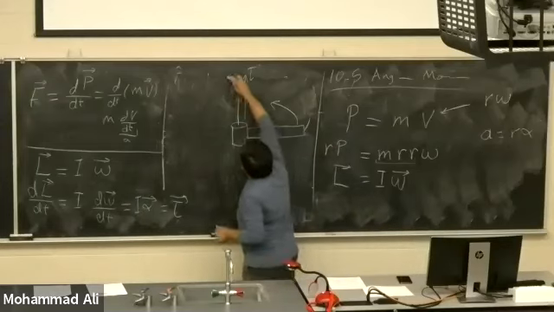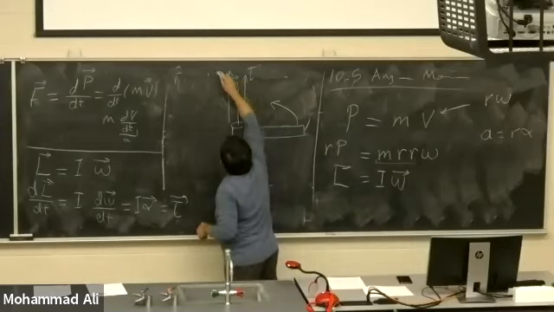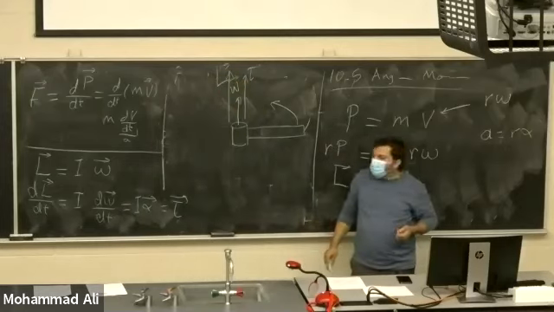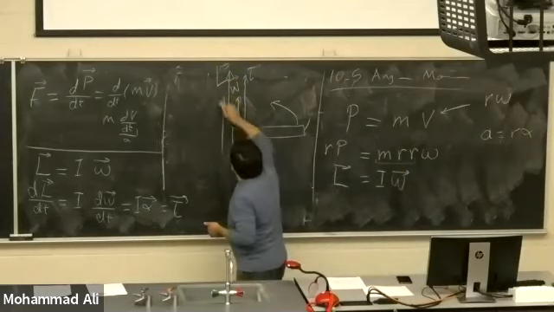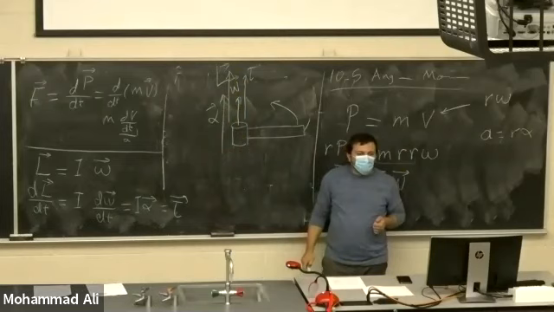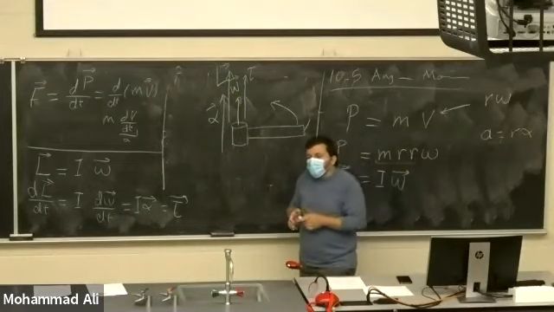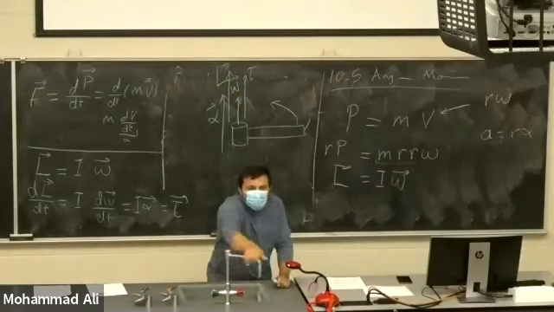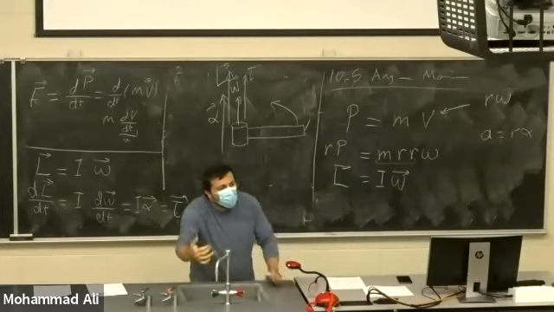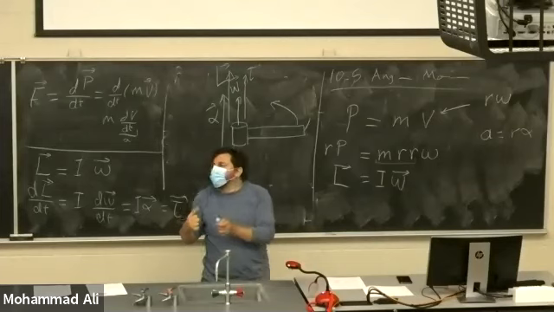So we have the angular momentum in the z direction and the angular acceleration in the z direction. Note that sometimes if I am moving this fast, and then I move it slowly, then I have negative acceleration.